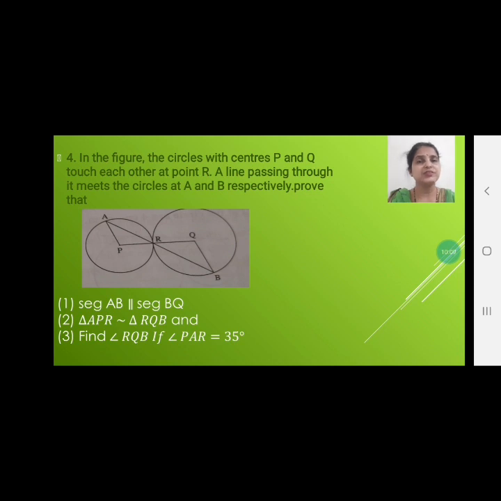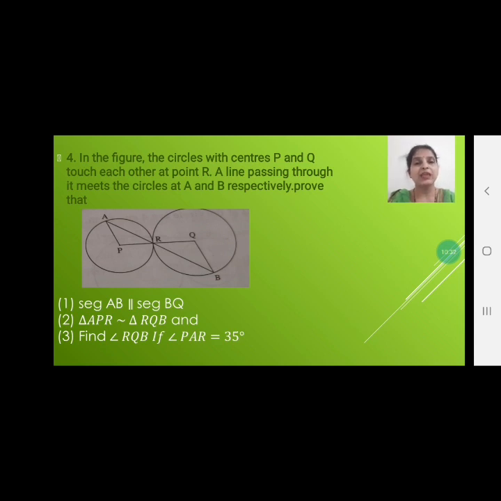Next, a very interesting problem, the fourth problem. In the figure, the circles with centers P and Q touch each other at point R. A line passing through it meets the circles at A and B respectively. Prove that segment AP is parallel to segment BQ.